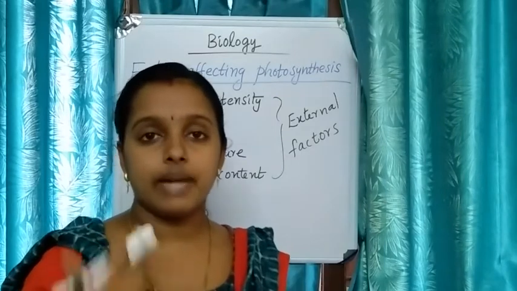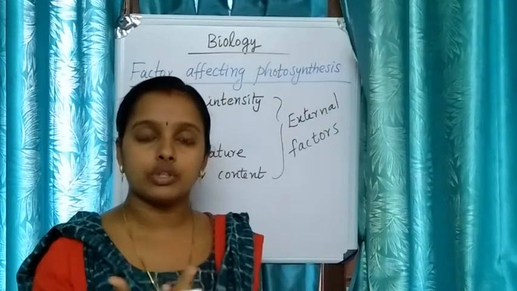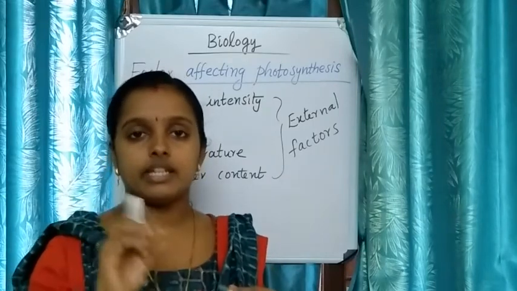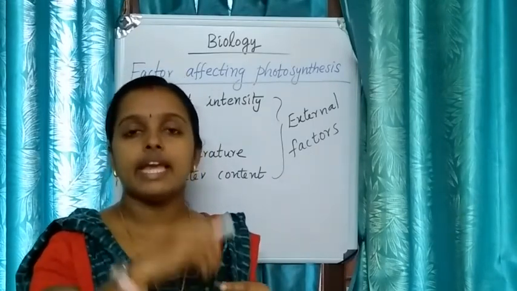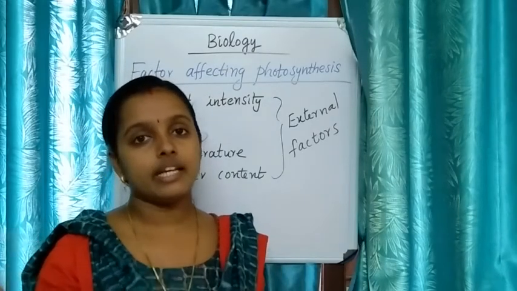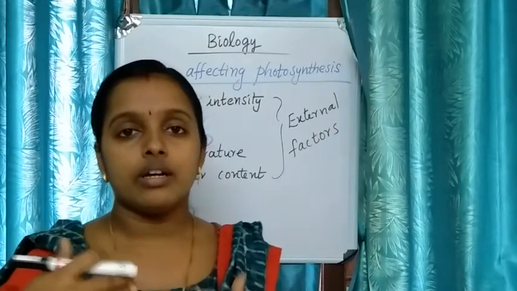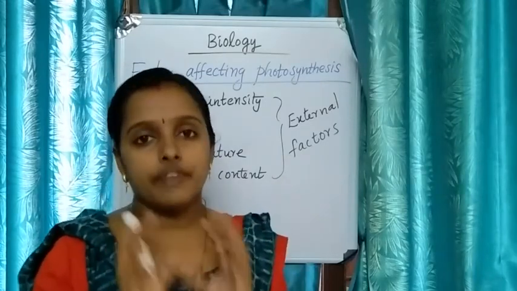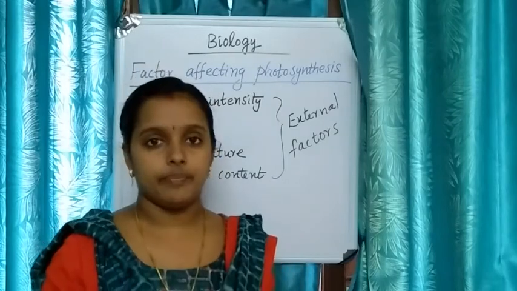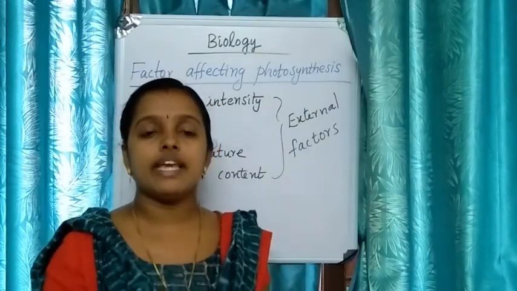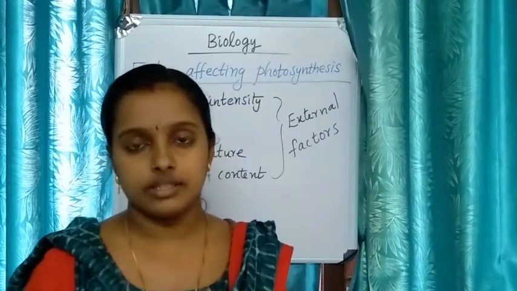If plants get more carbon dioxide, the photosynthesis rate also will be more, up to a certain limit, that is 0.05, and again the photosynthesis becomes stable. Okay, later it won't increase. So all the factors are needed at an optimum level. If the amount becomes more, it will adversely affect photosynthesis.